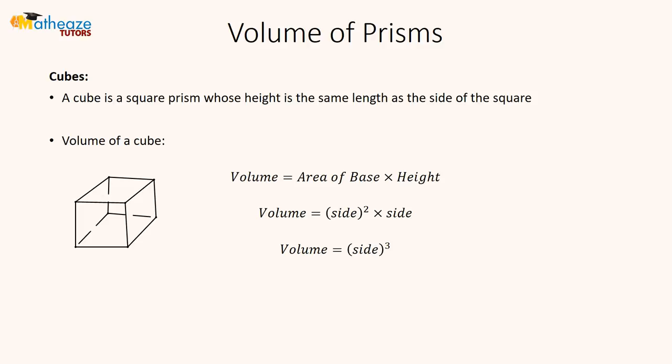So here we look at this right here. This is a square base, but then the length is also a square. So here we have area of the base times height. So the area of the base is side squared, and then the height has the same length as the side. So you have side cubed.